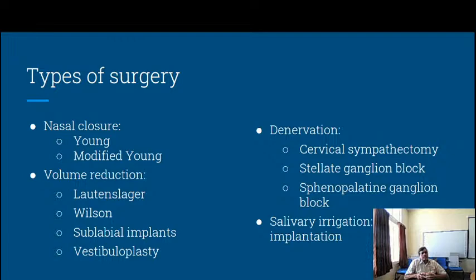Then there are the surgical procedures which reduce the volume of the nasal cavity.